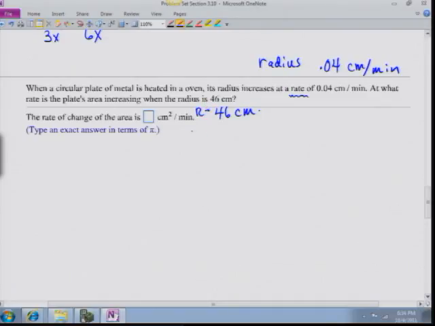Area of a circle is pi r squared. Yeah, you were thinking circumference probably. Perfect.